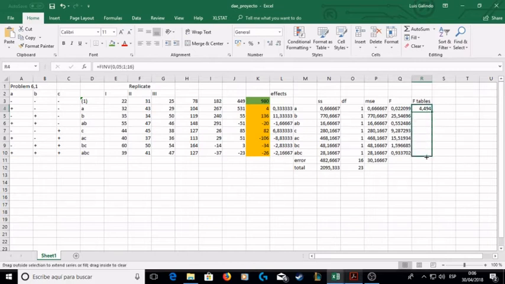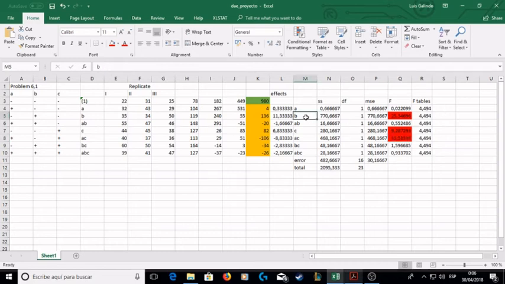So it is 4.94. So I'm going to color the ones that are significant. This one, this one, and this one, which are actually exactly the ones that I said would be significant. Well, the effects said. So it is confirmed.